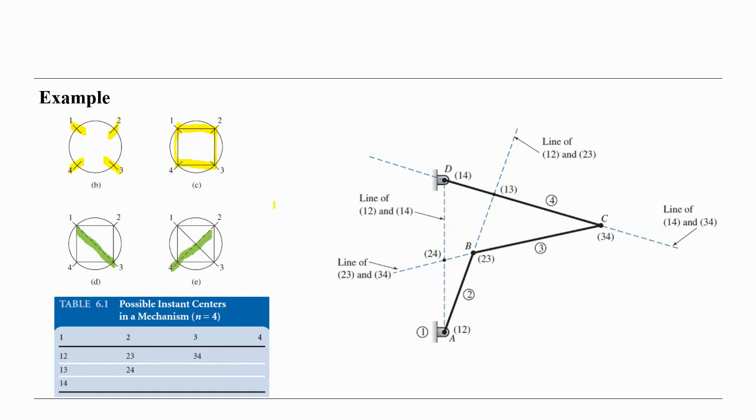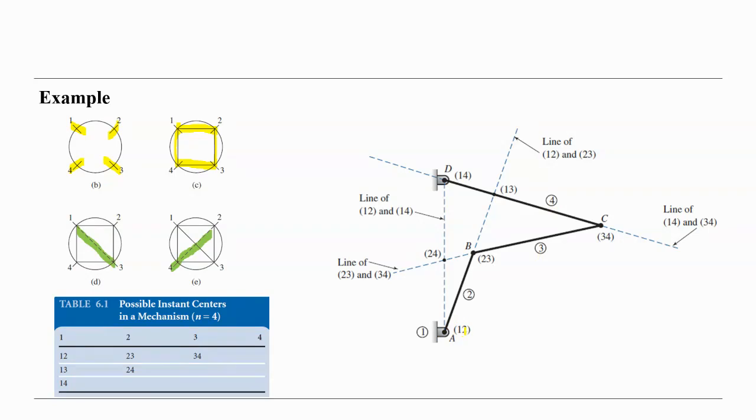So how can we show that? We know that if we use this triangle, 1,2, 2,3, and 1,3 must be on the same line. So let's see that: 1,2 and 2,3.